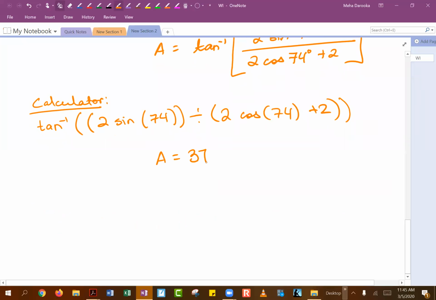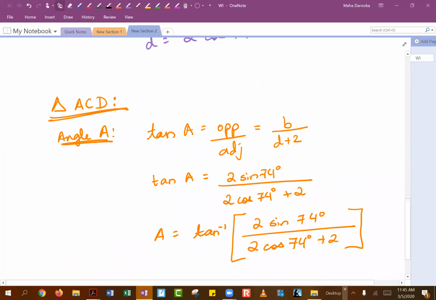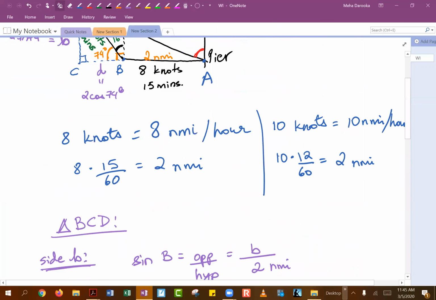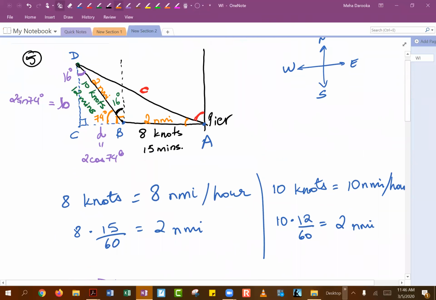All right, so angle A is coming out to be 37 degrees. Now remember, that's that little guy here. If he is 37 degrees, what is our bearing angle going to be? 53 degrees. Yeah, very good.